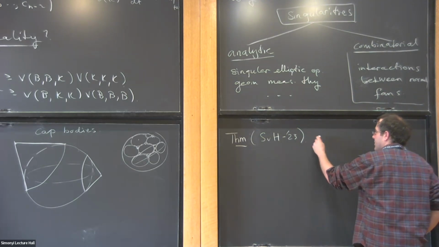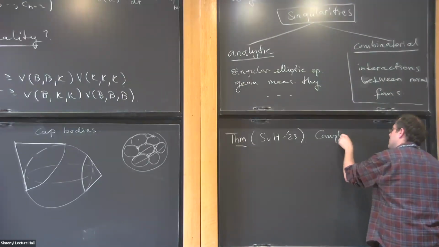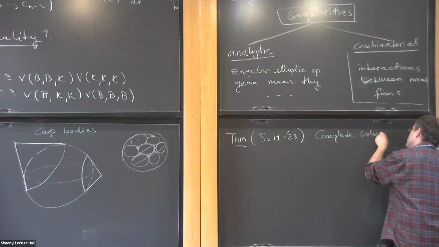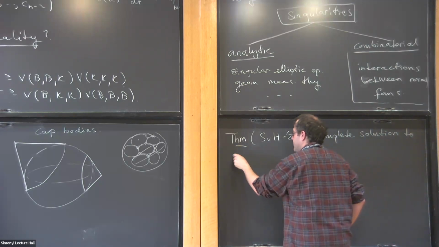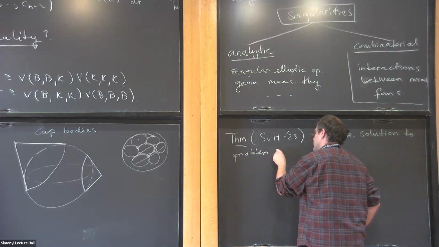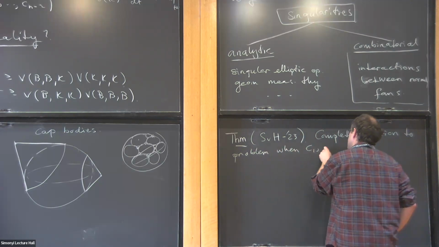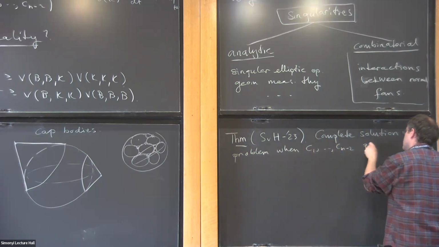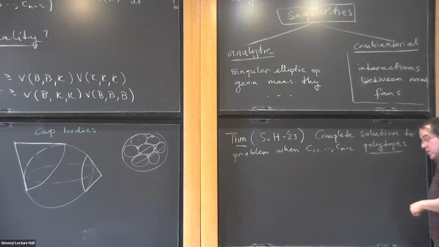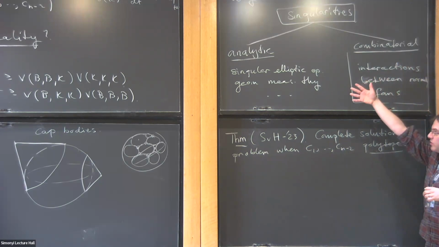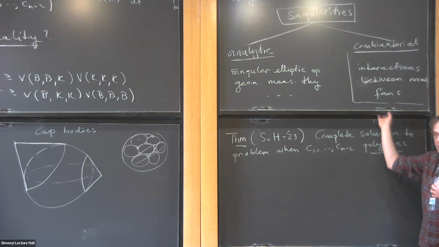So the theorem is a complete solution to the problem when C1 to Cn minus 2 are arbitrary convex polytopes. So here we have only the combinatorial problems, and we do not have the analytic problems that I just described.